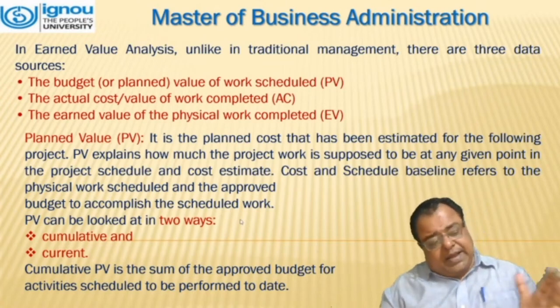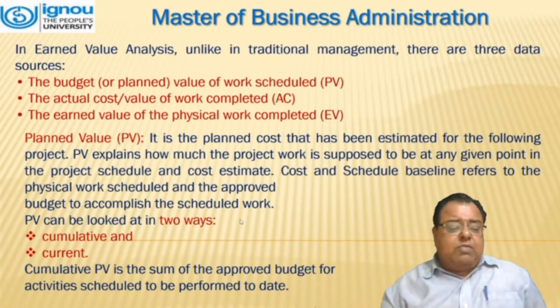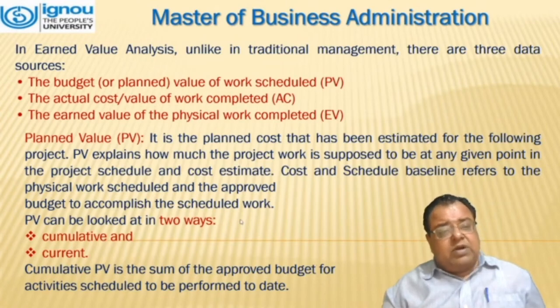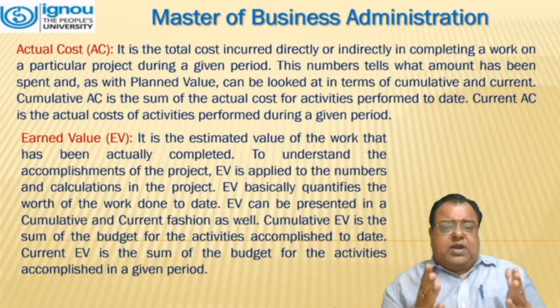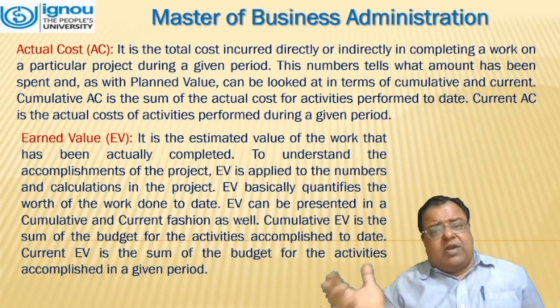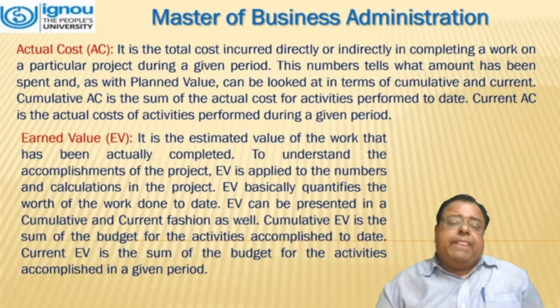Cumulative is adding up all that we have concluded, and the current one is where we are. Cumulative PV is the sum of the approved budget for activities scheduled to be performed to date. Actual cost, that is AC, is the total cost incurred directly or indirectly in completing work on a particular project during a given period.